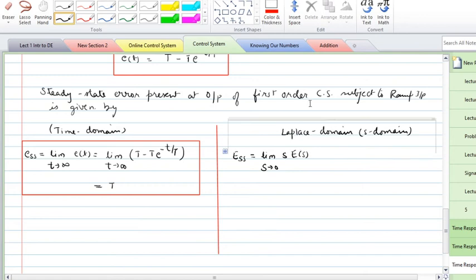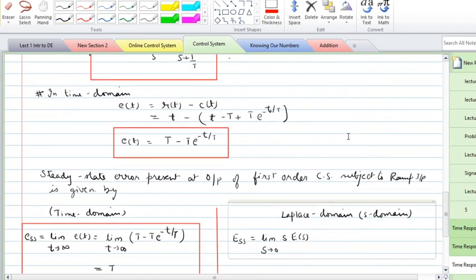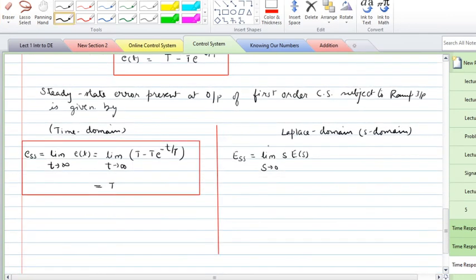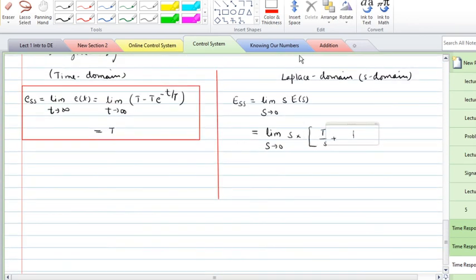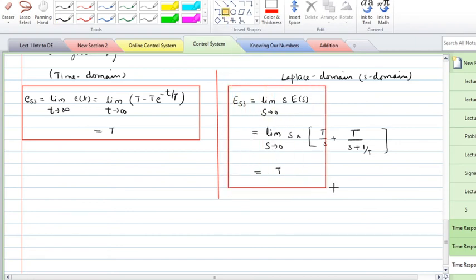Okay, so here E(s) is this one, that is limit s tends to 0 s multiply T by s minus T by (s plus 1 by T). Okay, so when we solve this equation, then again it will be T. Okay, it means the results remain same.